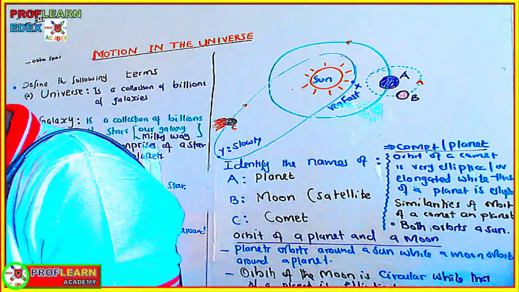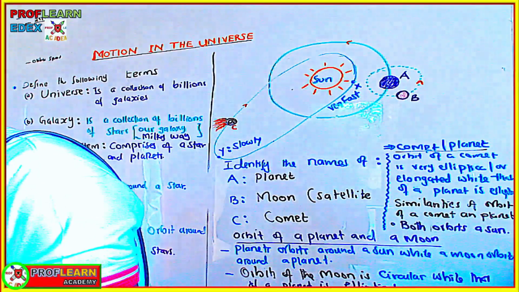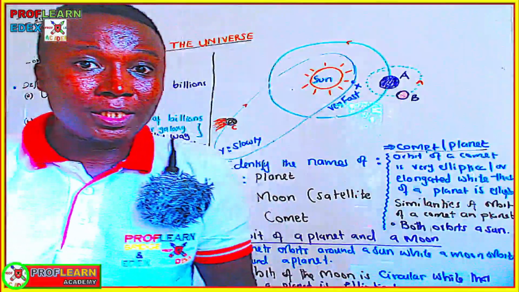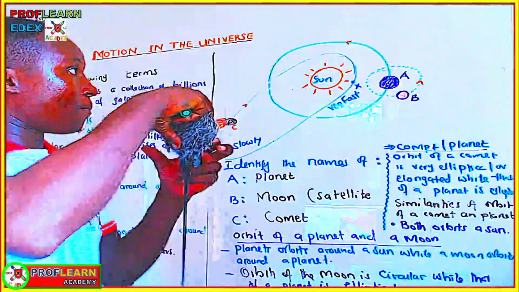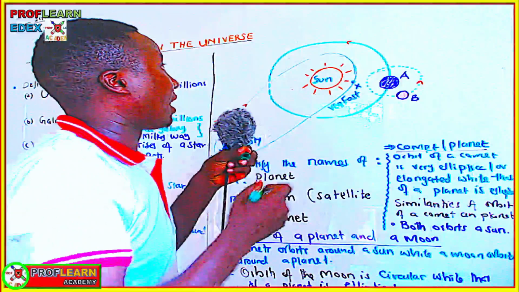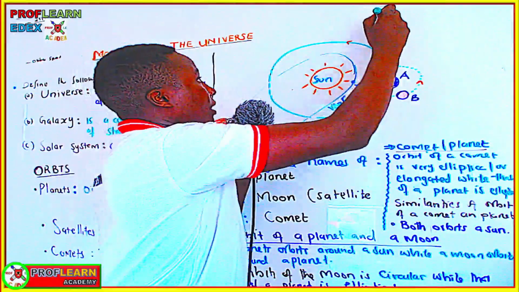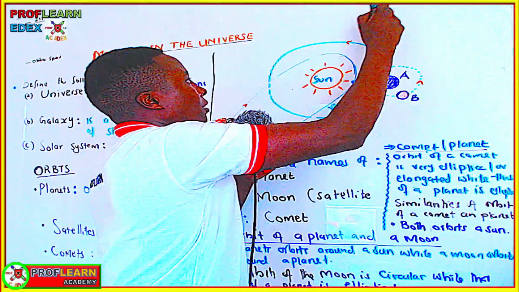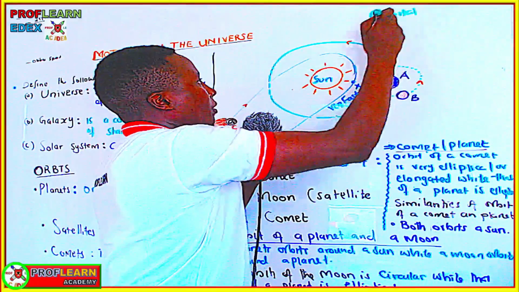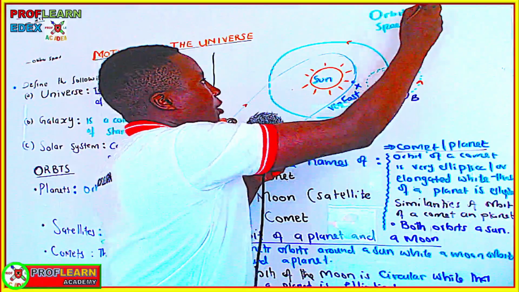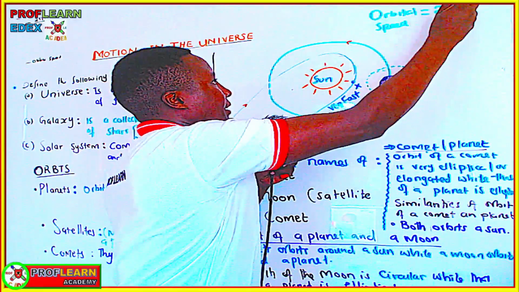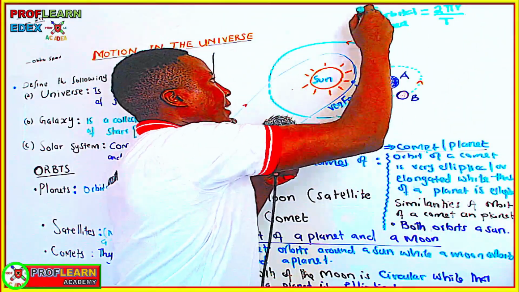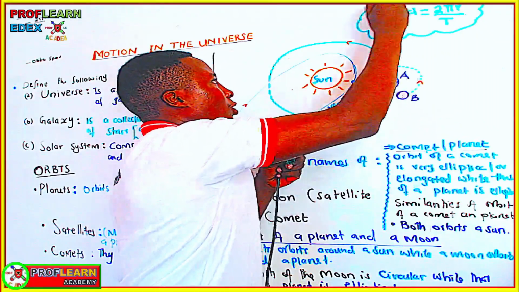Another thing I need to mention, you may be asked in your exam a question to do with orbital speed. How fast is this object moving around its orbit? So orbital speed is going to be 2 pi r over T, whereby T is the time period.